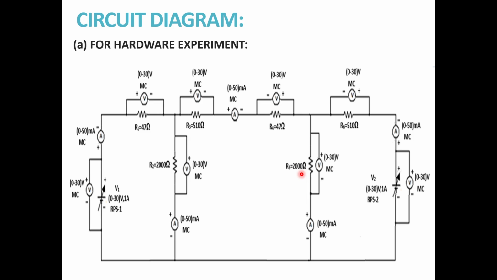Okay, and in series to this 510 ohms already I have explained. You can connect an ammeter of 0 to 50 milliamperes MC type. So all the voltmeters that we are using here are of 0 to 30 volts MC type in this circuit, and all the ammeters are of range 0 to 50 milliamperes MC type.